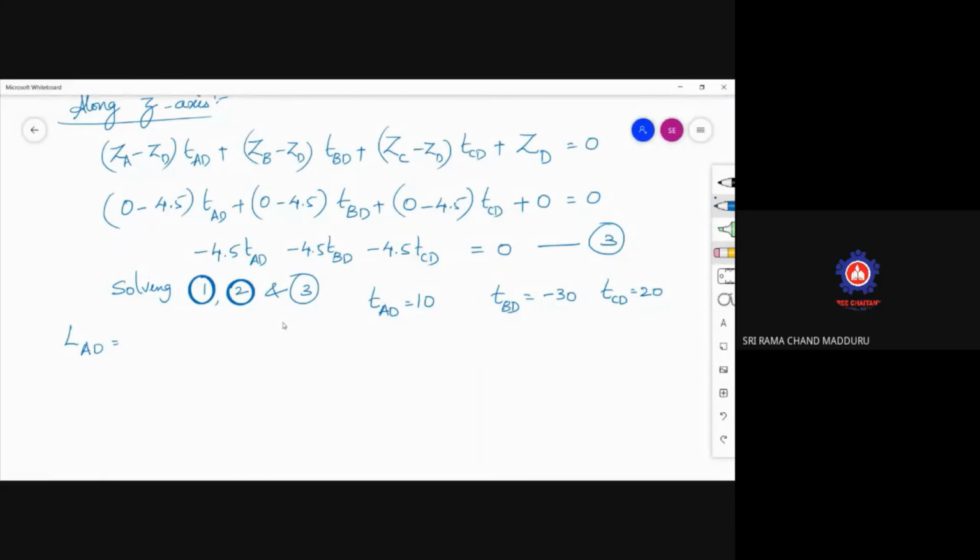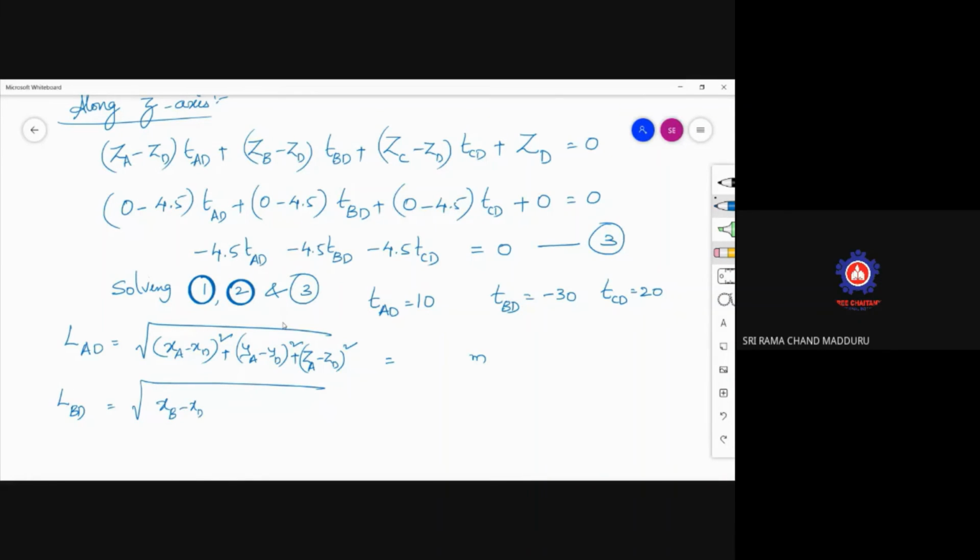LAD is equal to square root of, just if you want to know the length of the member in space, XA minus XD whole square plus YA minus YD whole square plus ZA minus ZD whole square. In terms of meters, you will get the length of the member. Similarly, LBD also.